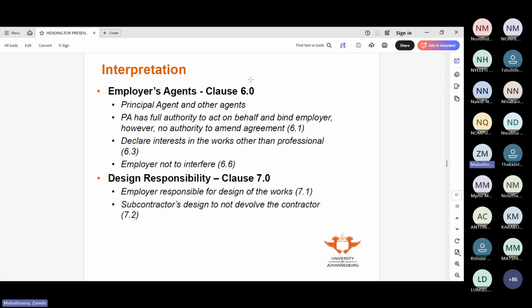Then your price document, whether it's the bill of quantities, the schedule of rates, whatever price document is being used, cannot and shall not be used as a specification of materials and goods or methods.